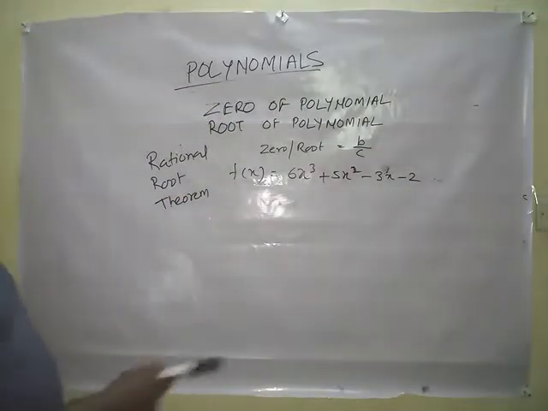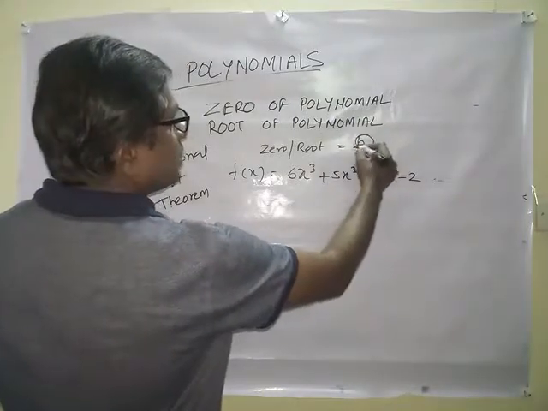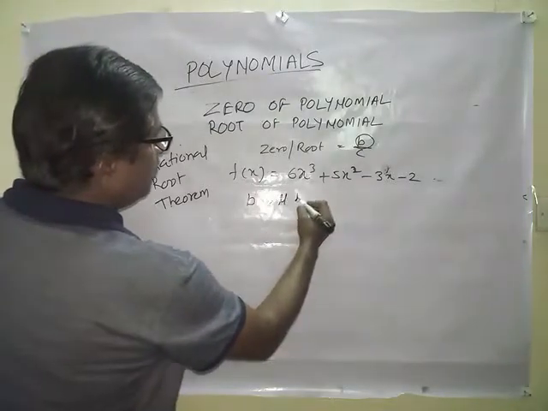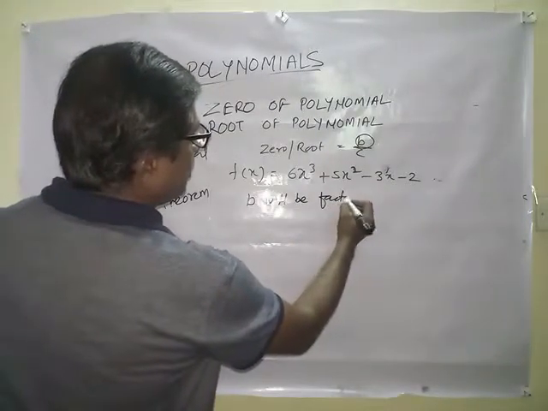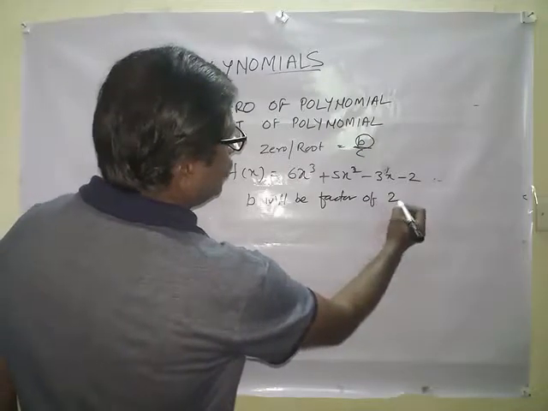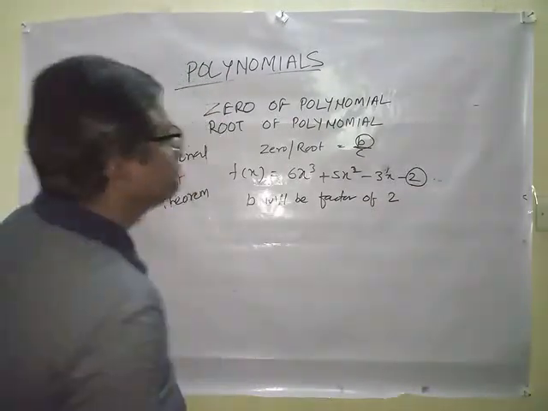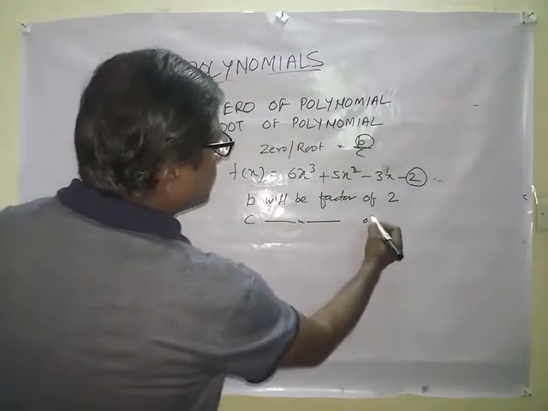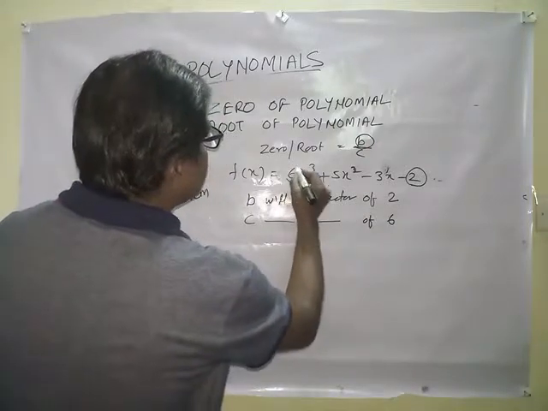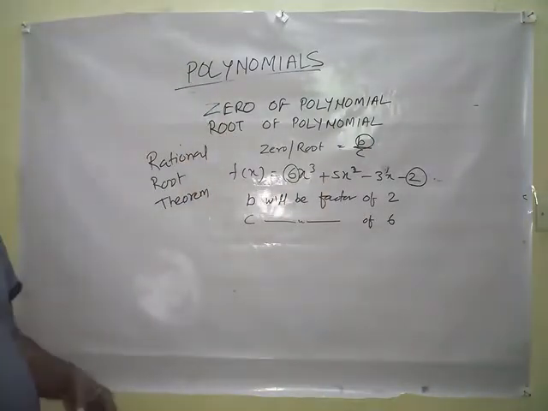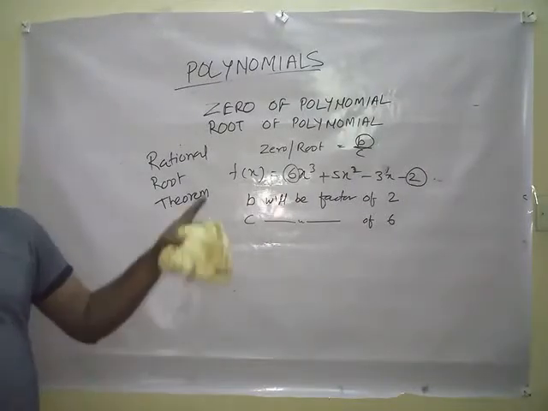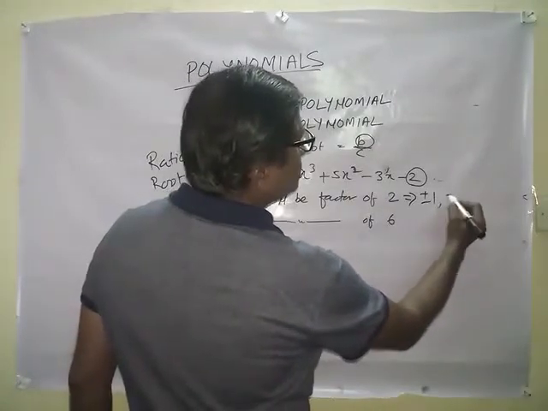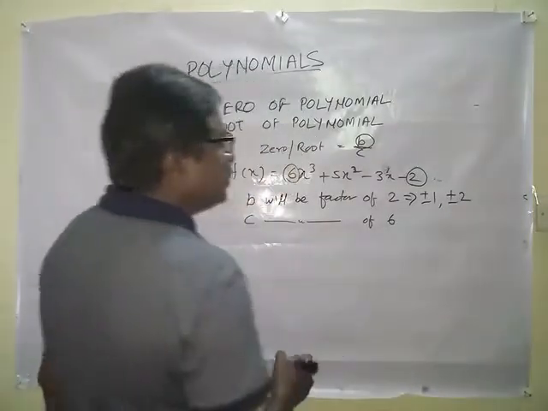So the value of b will be a factor of 2, and the value of c will be a factor of 6. The factors of b will be plus minus 1 or plus minus 2. These are the only values.